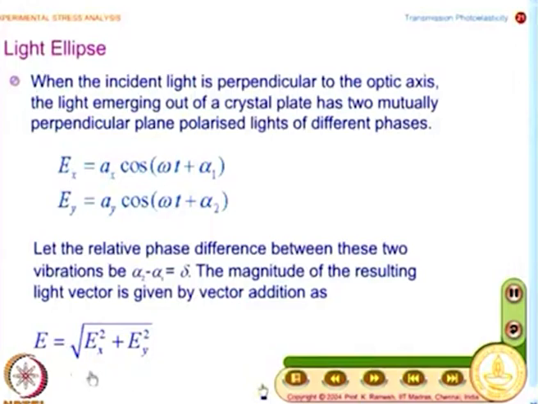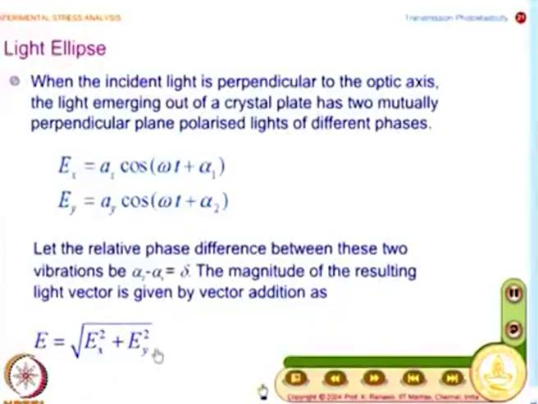I do this because they are mutually perpendicular. It is not like when I go to the pond and drop two pebbles, where both waves are in the same plane. Here the waves are mutually perpendicular, they travel with different phase, and they acquire a phase retardation. When they come out of the crystal, you see the interaction of these, and what would be the nature of this interaction? The polarization behavior changes. That is what we are going to look at.